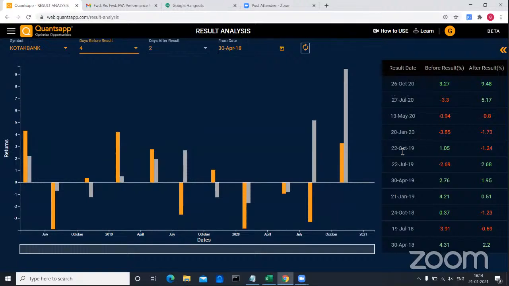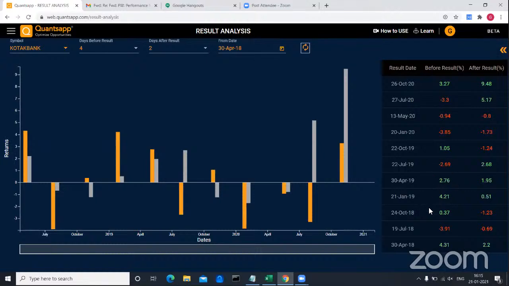So if we skip that and go here, from April to almost October 2019, 18 to 22 October 2019, at this time the performance was on the positive side. So we are looking at 4 days before the result, and the performance was on the positive side, it has been negative too, but out of around 8, only 2 times in the 4 days from before the result till the result the performance was on the negative side, otherwise it's on the good, positive side.